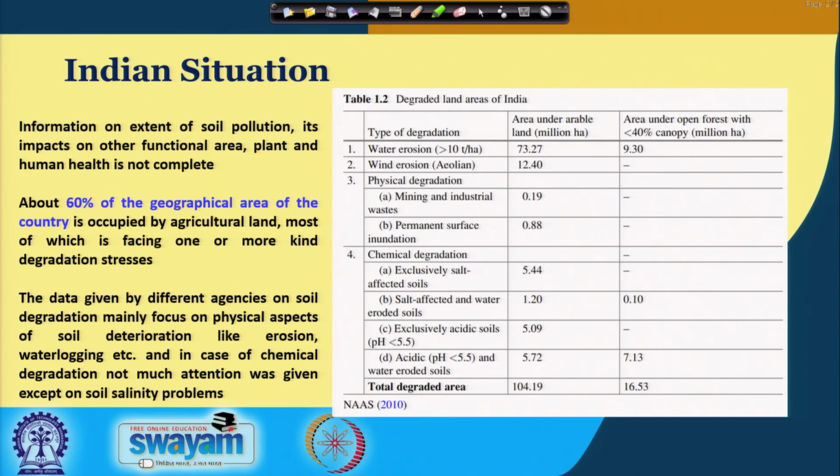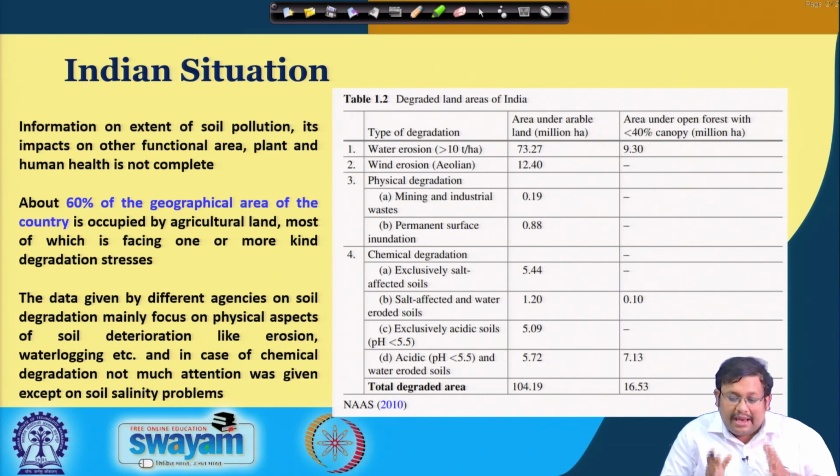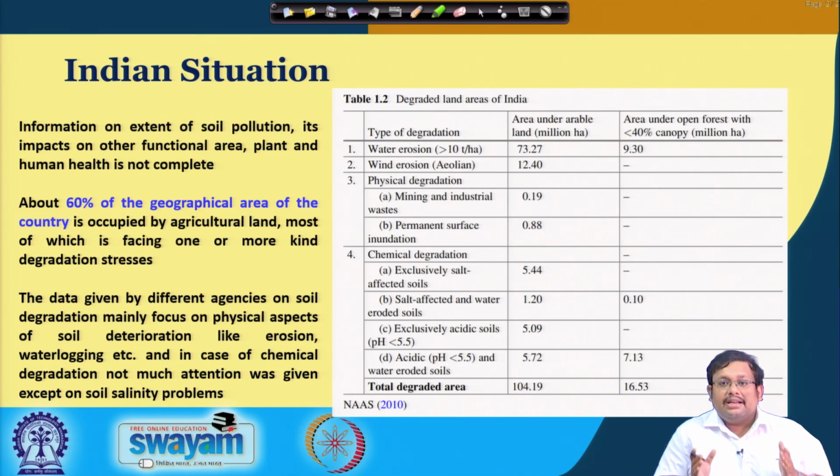Whatever data of agricultural land degradation is available to us mainly focuses on physical processes like erosion, waterlogging, etc. The total area of arable land under different types of degradation is around 104 million hectares in India.